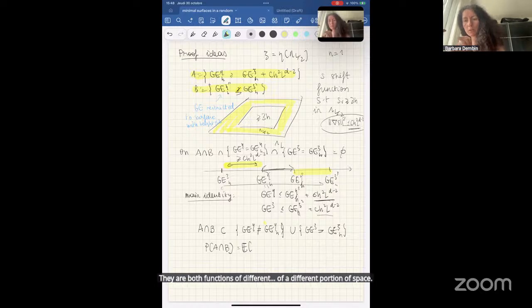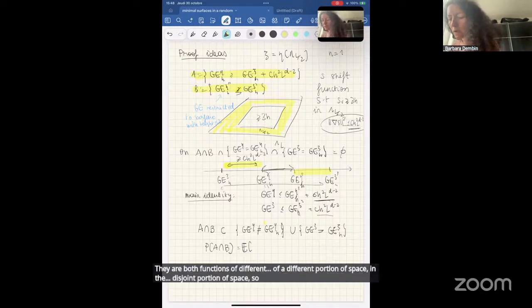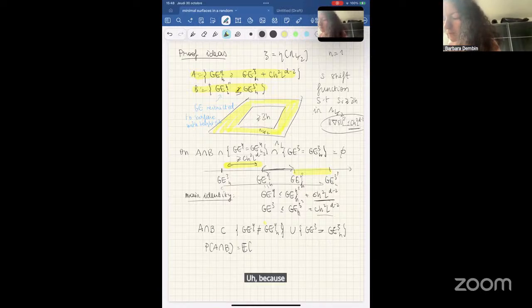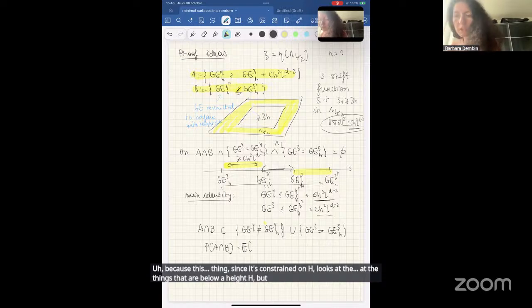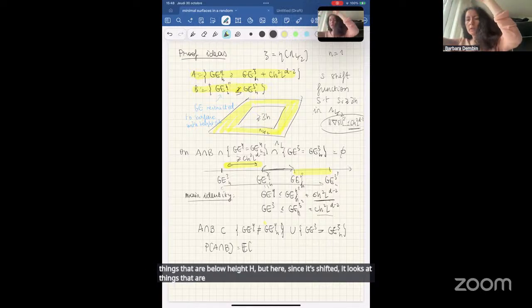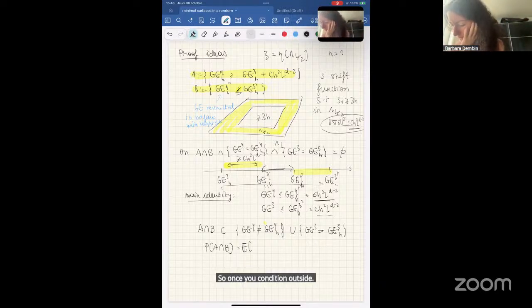They are independent once you condition on the noise outside, because this one, since it's constrained by h, looks at things that are below height h, but here, since it's shifted, it looks at things that are not in the same region of space. So once you condition outside, you have that it's independent.